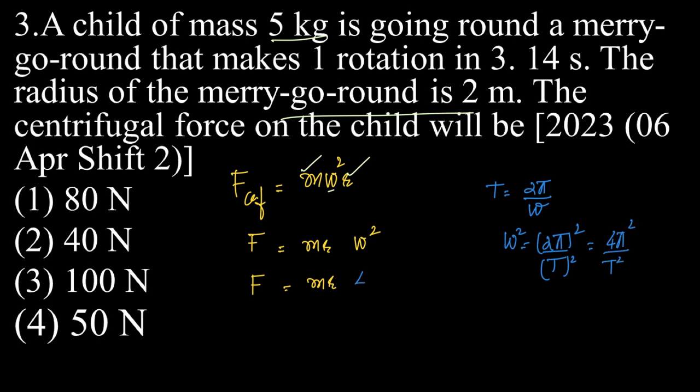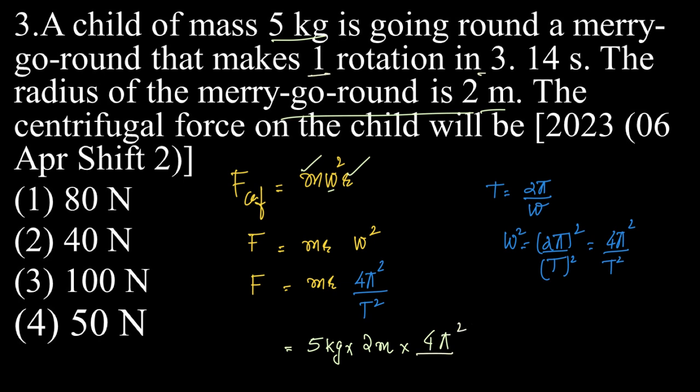So we have m r into 4 pi square by t square. Now m is the given mass, which is 5 kilogram. Radius is 2 meter. So 5 kilogram into 2 meter into 4 pi square by t square. What is t?